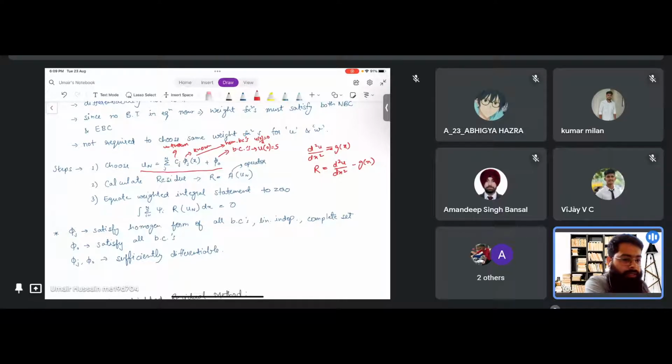Can anyone tell me, this was supposed to be 0, right? If we take right hand side minus left side, this is supposed to go to 0. Why do we assign it as r, residual, when we are substituting the value of u_n here?